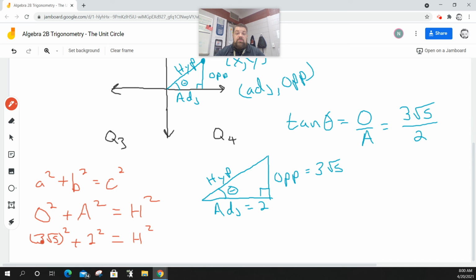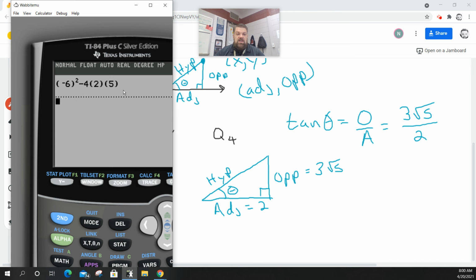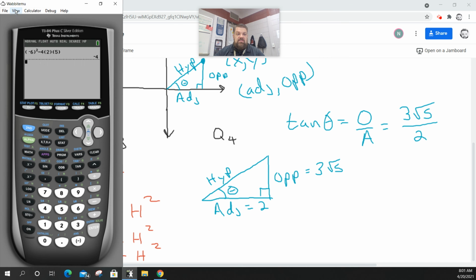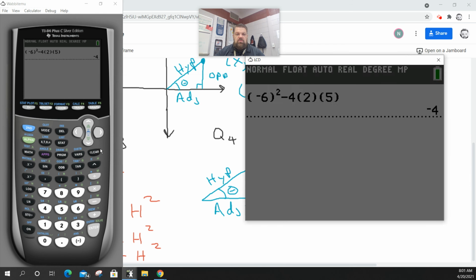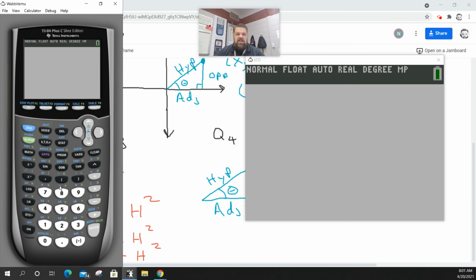So 3 root 5, 3 times 3 is 9. The square root of 5 squared is going to be just 5. So 9 times 5 is 45 plus 2 squared, which is 4, and that's equal to the hypotenuse squared. Now, if you ever want to double check that, we could just plug it into our graphing calculator to see if that's valid or not. So I'm just going to do that real quick, just to verify where that comes from.